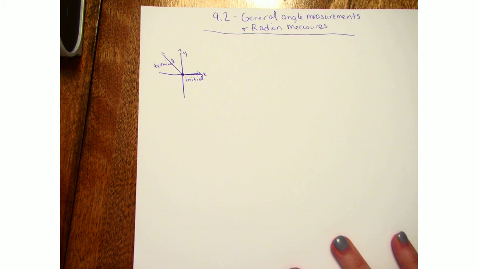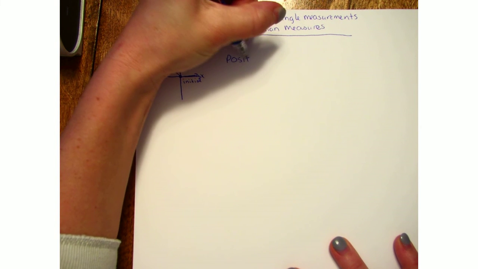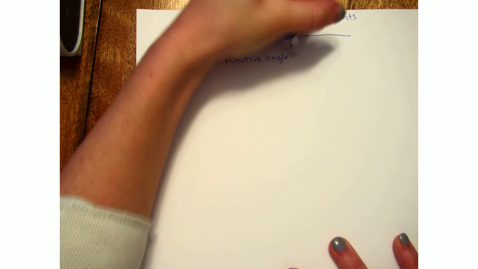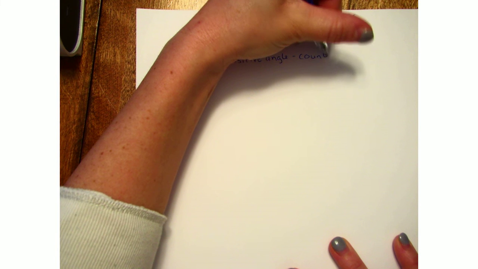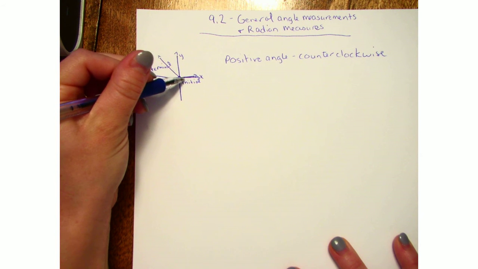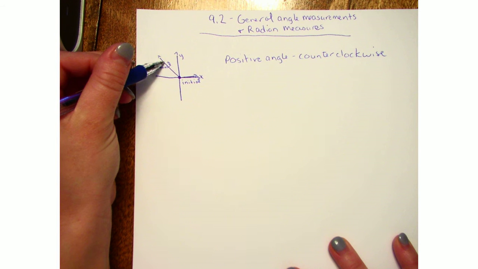So if you're measuring a positive angle, you're going to go counterclockwise. Meaning if I'm saying that this is 120 degrees, it's positive, which makes sense.